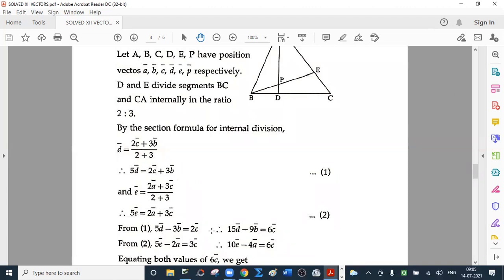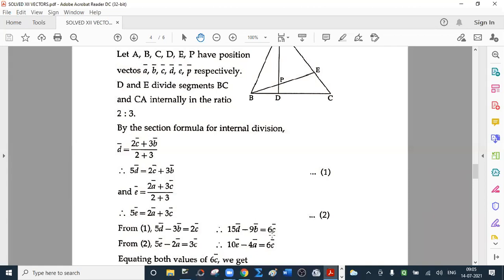So 15D bar minus 9B bar equals 6C bar. Now from 2, 10E bar minus 4A bar equals 6C bar. Now you should ask me, but why do this? I have already told you that we need an expression involving B bar, E bar, A bar and D bar.